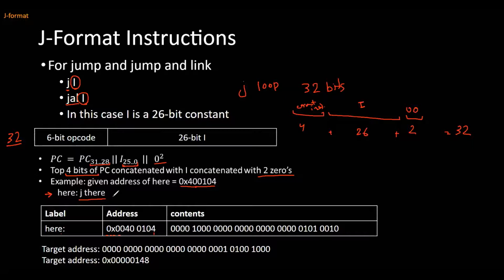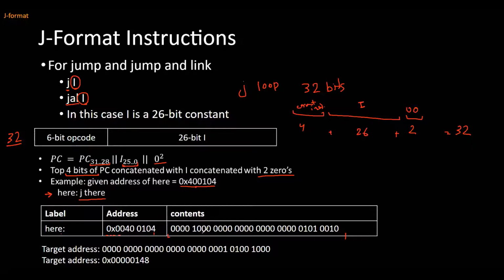And what I want to find out is basically this content here, right? So that is what we are going to find out. So let's see how I would make this address from here. Actually I have the content and I want to find out the label.